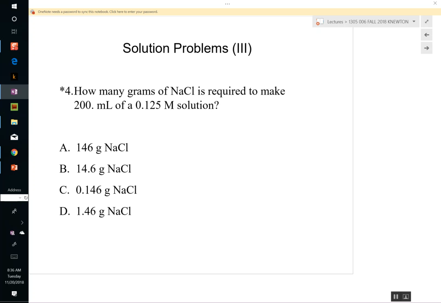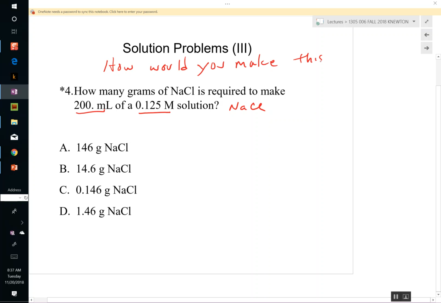All right, let's look at this problem. This isn't a dilution problem. This is making a solution. We want to make 200 milliliters of a 0.125 molar NaCl solution. So this is a how would you make this solution question.